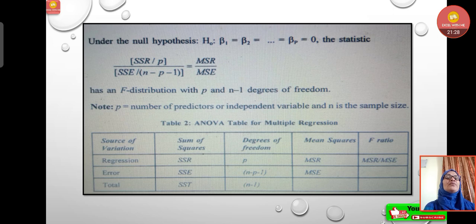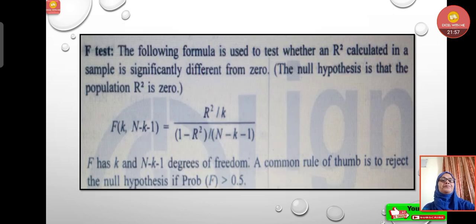Under the null hypothesis H0, beta 1 equal to beta 2 equal to up to beta p equal to 0, the statistic follows an F distribution with p and n minus 1 degrees of freedom. P is the number of predictors or independent variables, and n is the sample size. You can pause the video and see the ANOVA table for multiple regression.